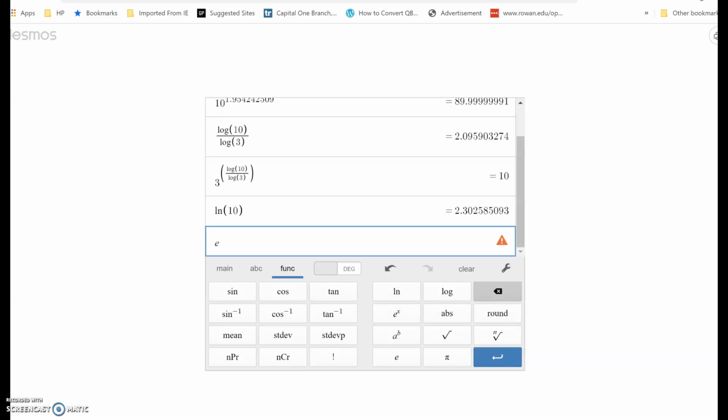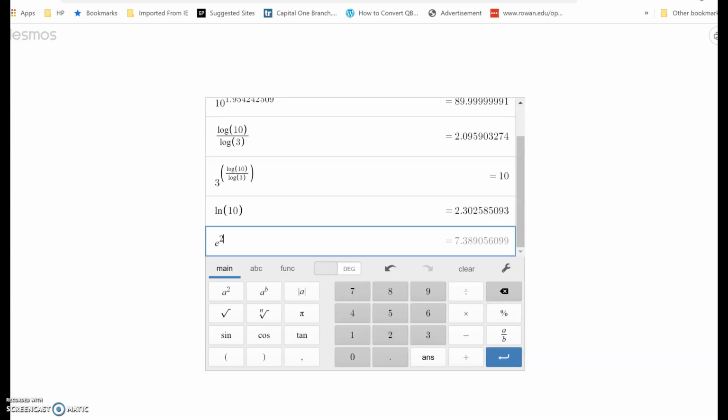Oh well, I'm not going to now. I'm determined. Look at that. I got close enough that it just rounded it off to 10. So sure enough, e to this power is 10.